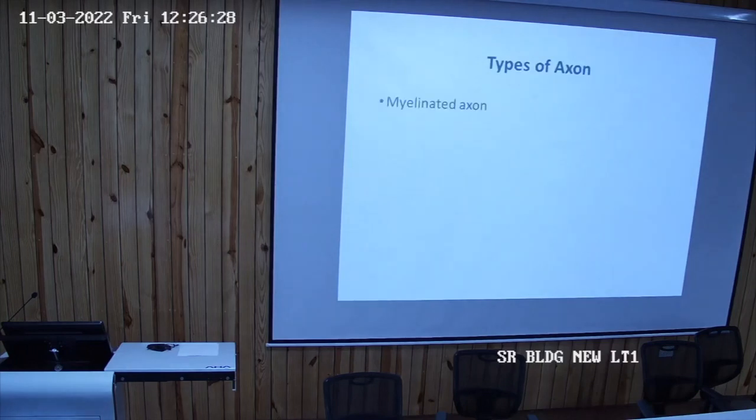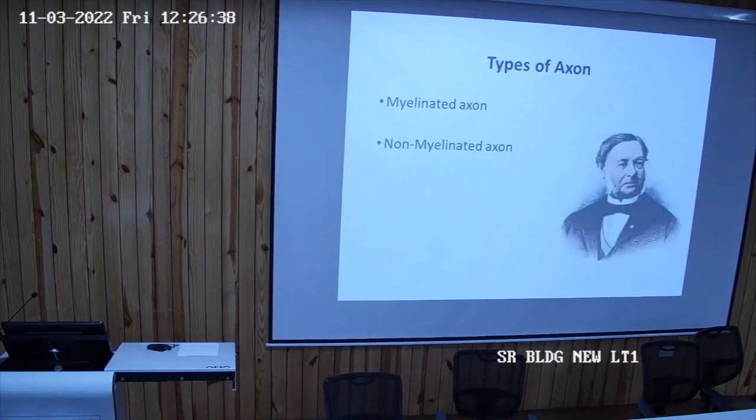Then there are different types of axons. They may have myelin or they may not have the myelin sheath: the myelinated axon or the non-myelinated axon. And who was this scientist? This was Theodor Schwann.